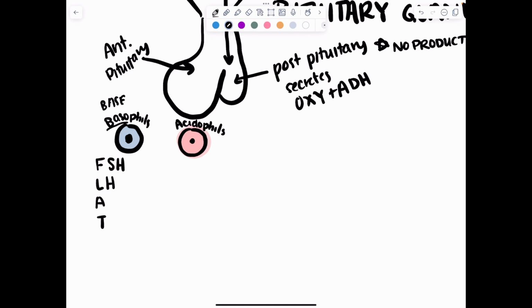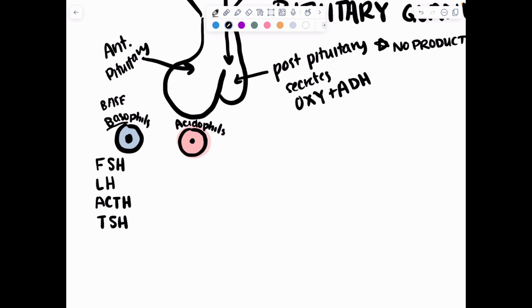Our A is going to stand for ACTH, adrenocorticotropic hormone. We'll talk more about that, but that is involved in the release of our adrenal gland hormones. And then TSH. TSH stands for thyroid stimulating hormone.